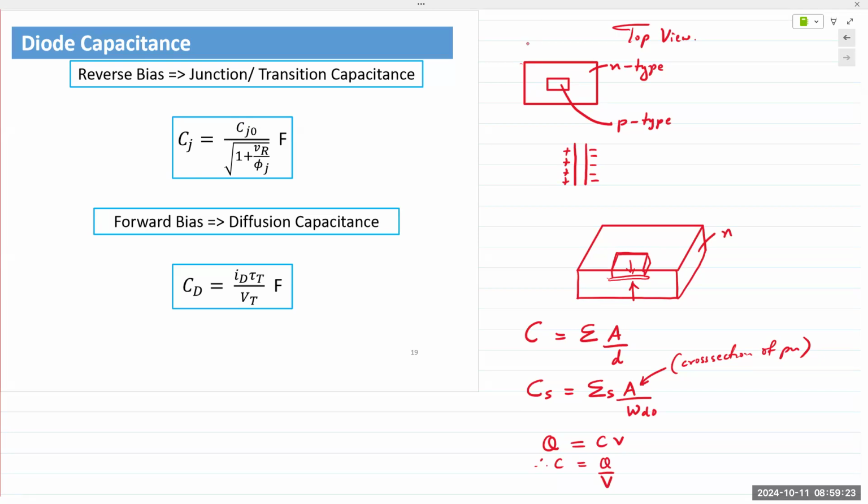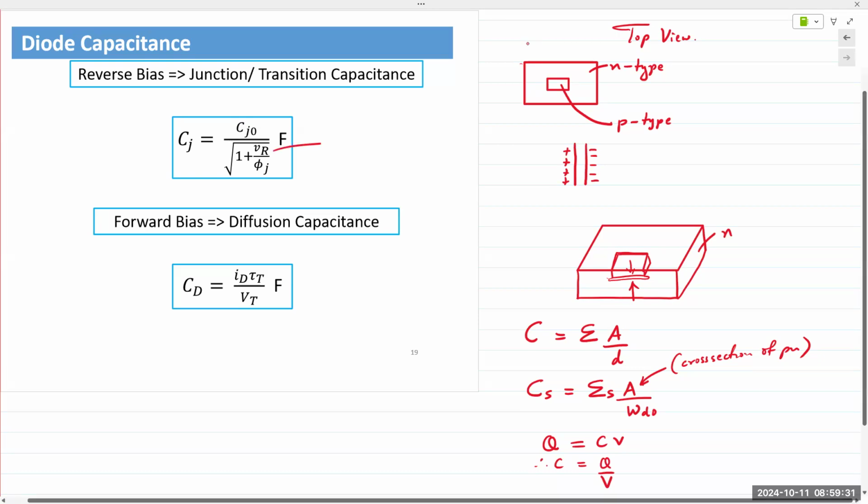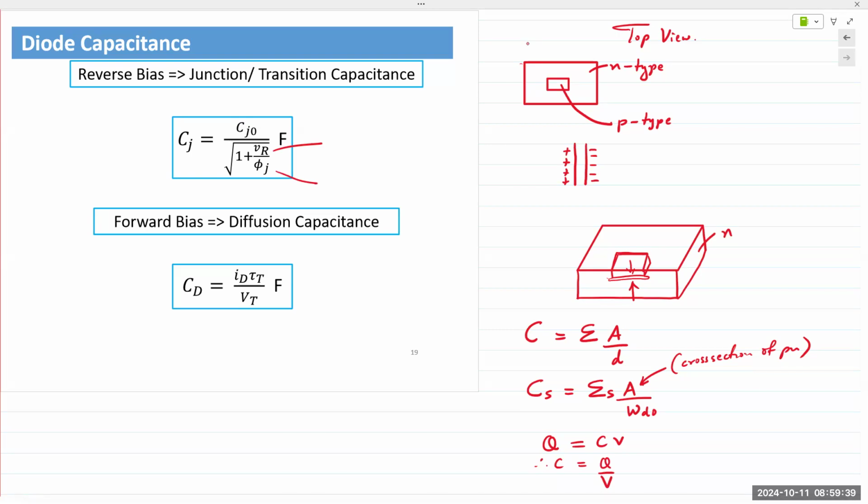How much charge you can store, how much Q is present due to the applied voltage V. So in this case, our applied voltage is the reverse voltage V_R, and phi_j is our original junction potential. And so we can describe the equation in the reverse bias.